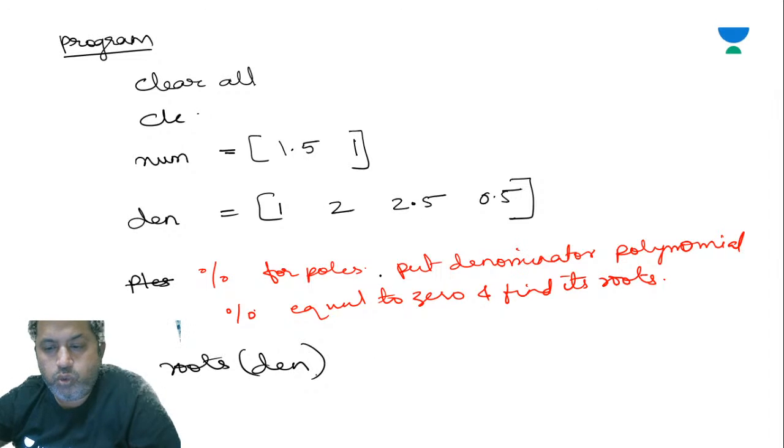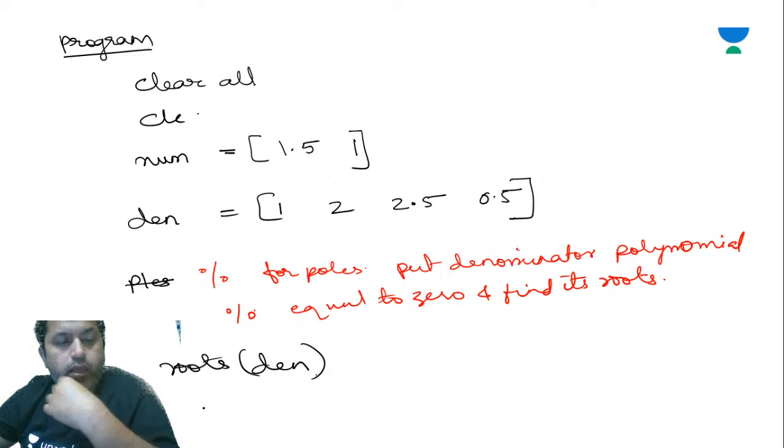Whatever the roots will be, the poles are the roots of this transfer function. So I will say r equal to roots of denominator.